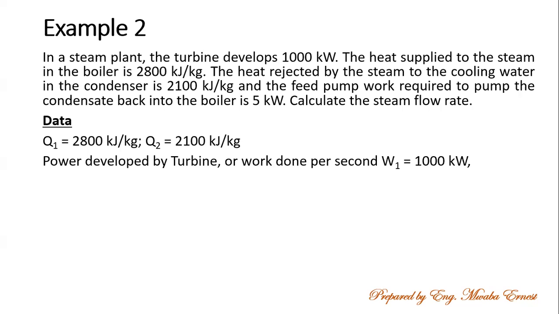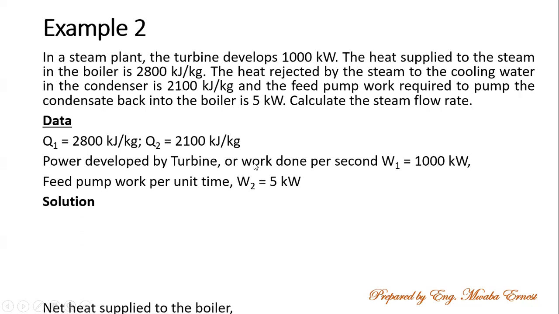How much is it going to take? It will take 5 kilowatts. So that's why we're saying W1 is 5 kilowatts. Then W2 is, rather, W1 was 1,000. W2, which is like a loss, is 5 kilowatts.